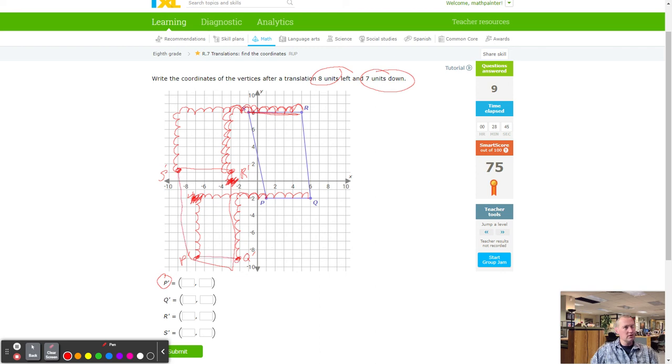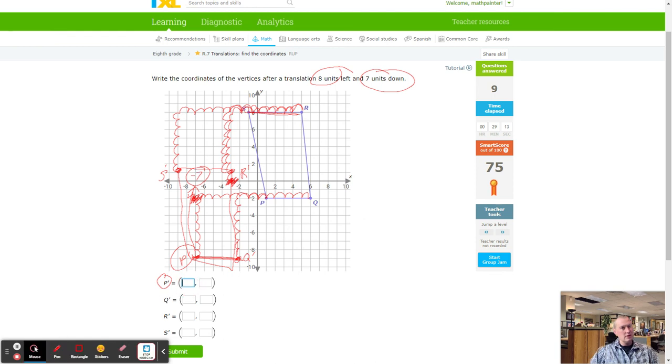And Q, this should be a flat line. There we go. Let's keep it flat. All right, so here. Yeah, it looks good. Okay, now here's a slightly faster way of doing it. When you're looking for the coordinates of P prime, which is right here, if you go directly up, notice that we're between the -6 and the -8, which means the x value is -7.